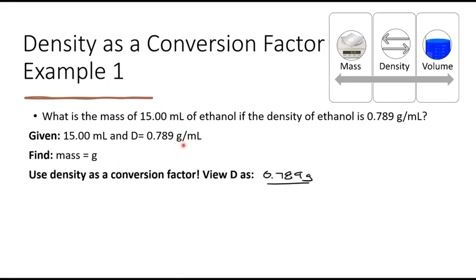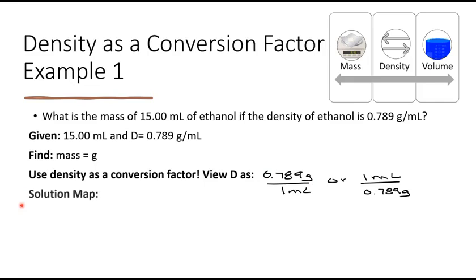Remember that that horizontal line is really represented here by the sideways slash, 0.789 grams over 1 milliliter. Or we can flip the ratio if we need to. 1 mL of ethanol has a mass of 0.789 grams. Once we decide which one of the two conversion factors to use, we're going to use the first one since it has mass on top.